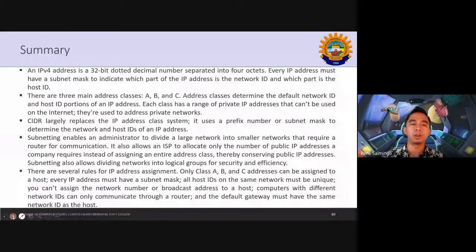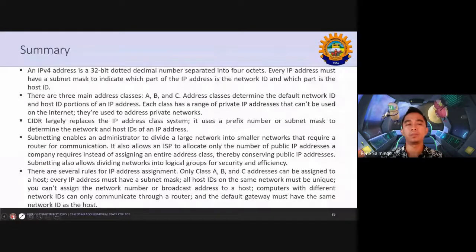There are three main address classes: class A, class B, and class C. The address classes determine the default network ID and host ID portions of an IP address. Each class has a range of private IP addresses. You only use private IP if you use NAT, network address translation.